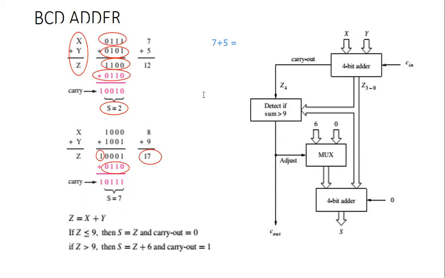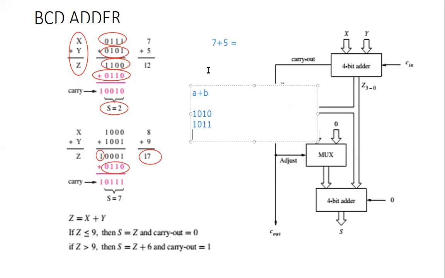For example, let me take an example as A plus B. What is A in hexadecimal? A is nothing but 10. What is the binary value of A? The binary value of A is equal to 1010. What is the value of B? 1011.